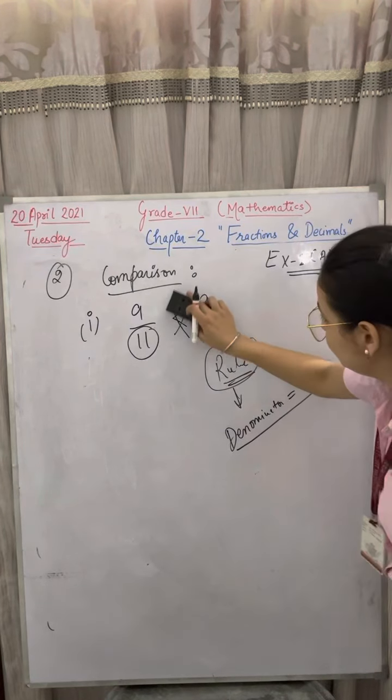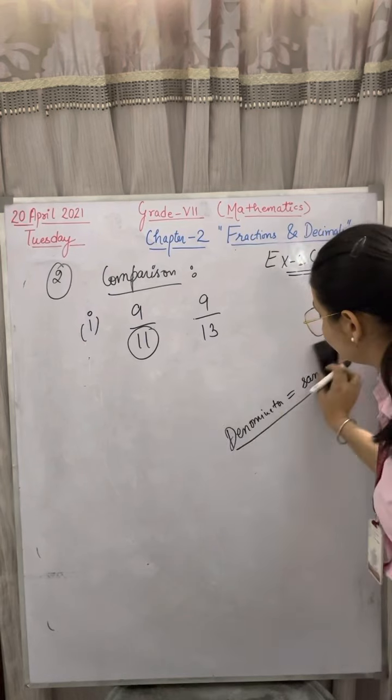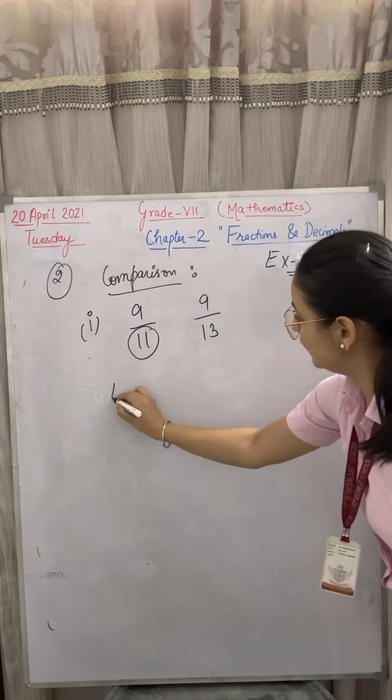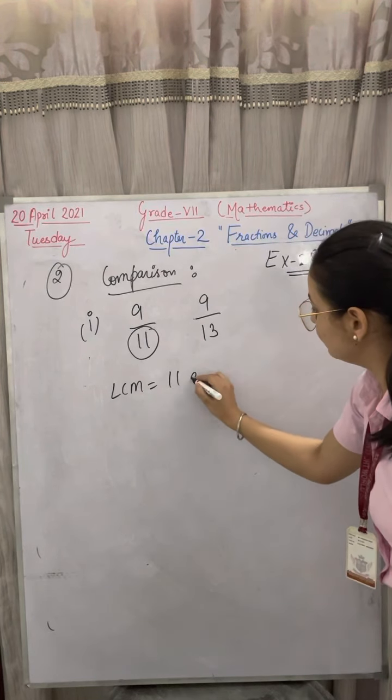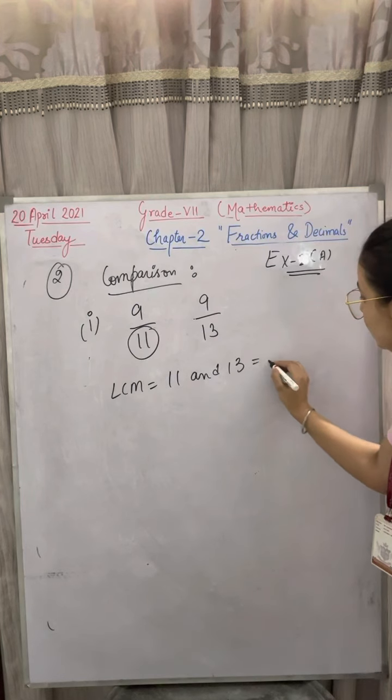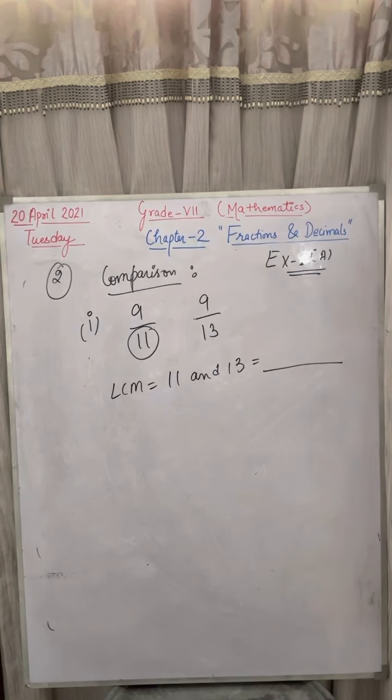So how can we make it same? You have to take the LCM of 11 and 13. Give me the answer quickly. Everyone has to give me the answer quickly.